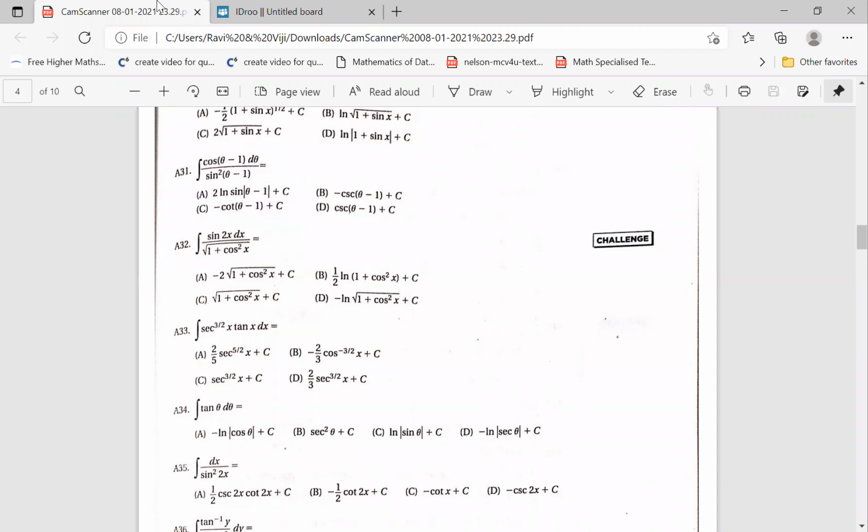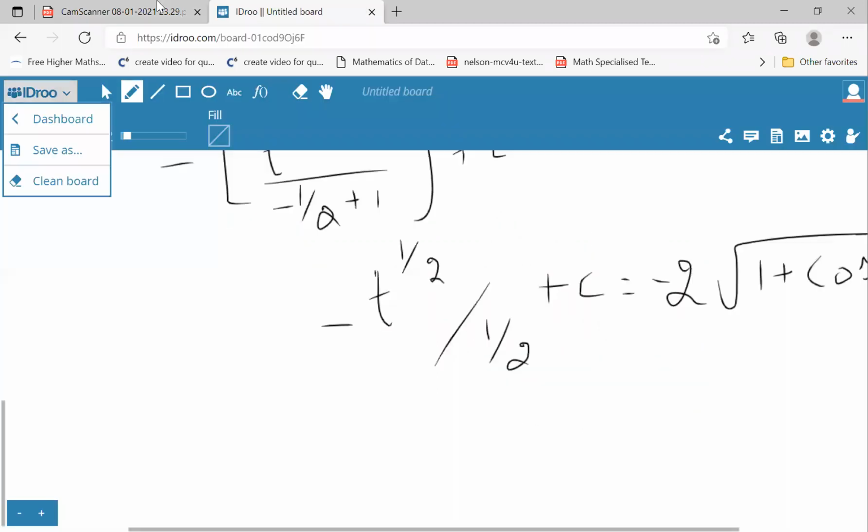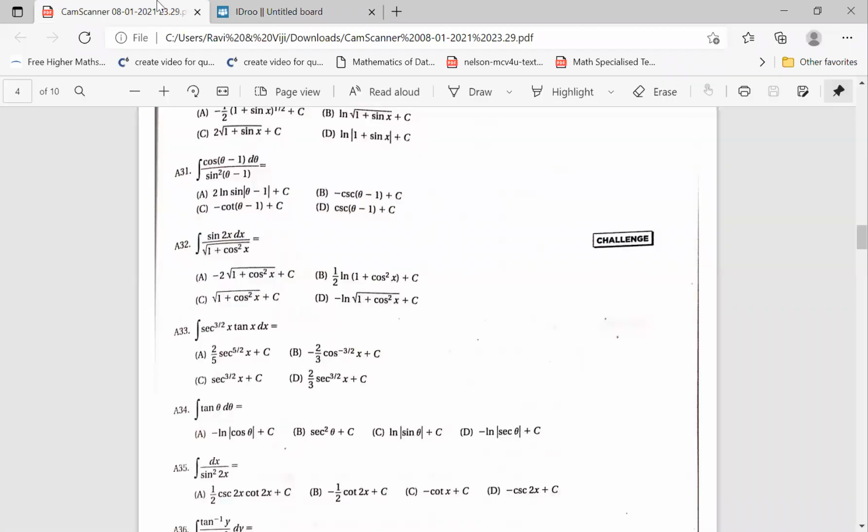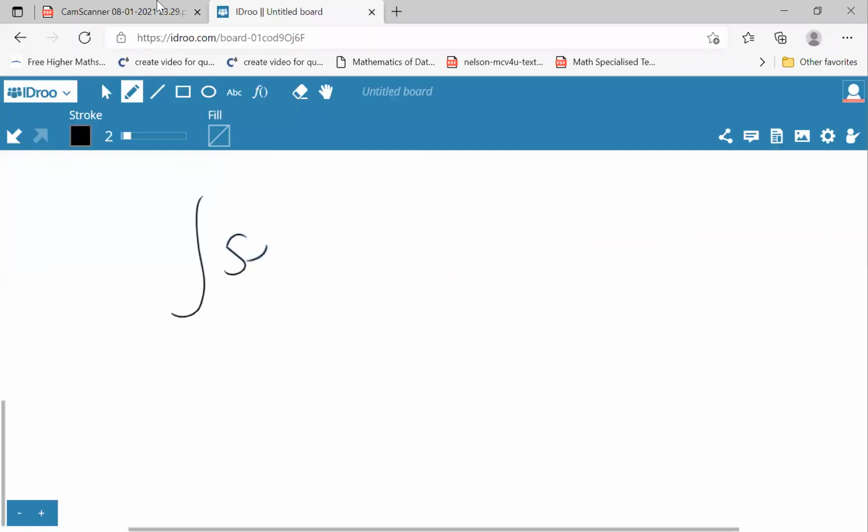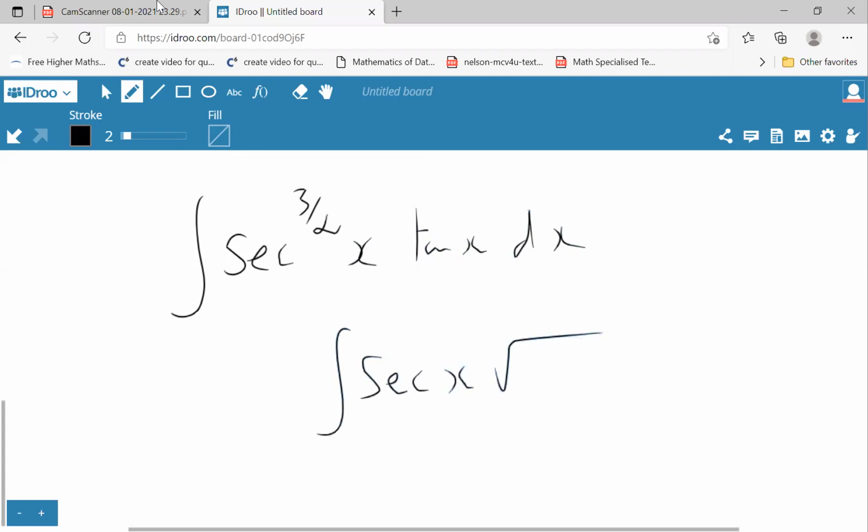Next is the 33rd question. Integration of secant 3 by 2 x tan x dx. This is slightly tricky. Now I can write secant to the power of 3 by 2 as secant x into root of secant x tan x dx.